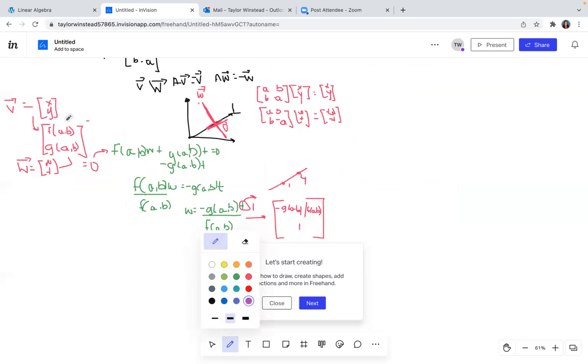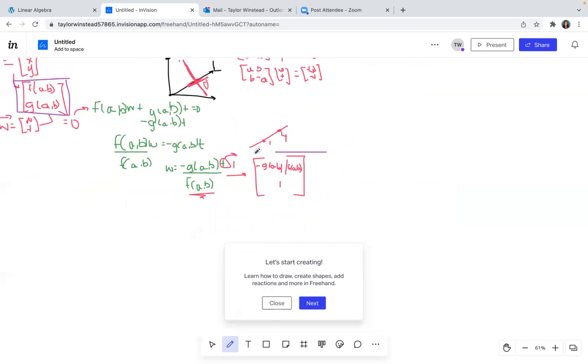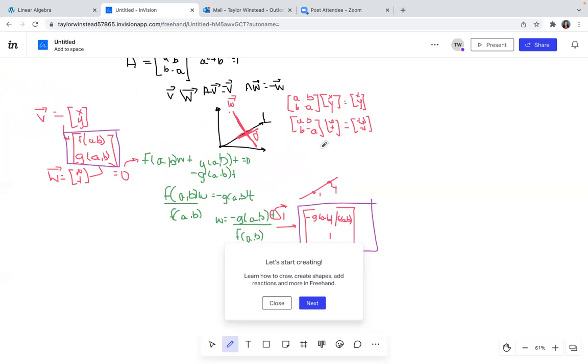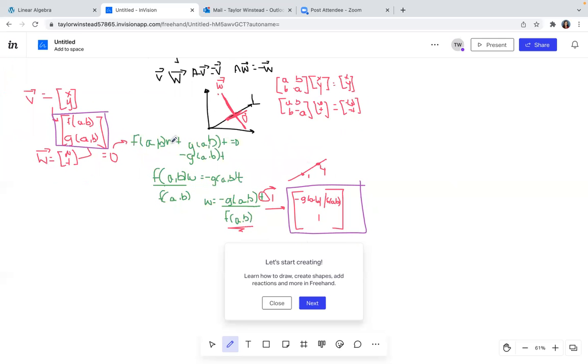We've got two vectors now defined in terms of A and B. We've got the one that is parallel, that is defined in terms of F of A, comma B, and G of A, comma B, because as we know, it's parallel, so the input equals the output. And we took that and we used the dot product, we shifted some things over.